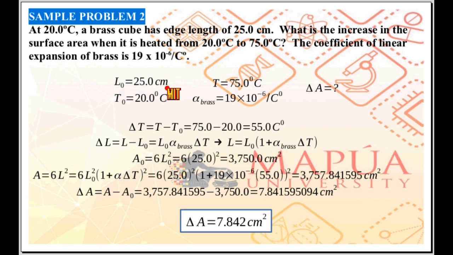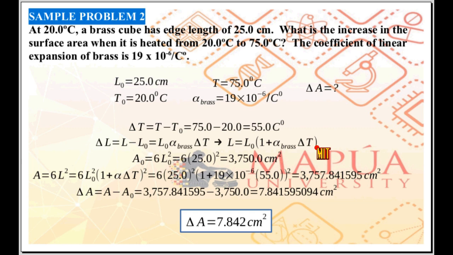Total surface area is 6 times the area on one side, so A naught, the initial surface area, is 6 L naught squared. We know L naught is 25 centimeters, so we are able to calculate the initial surface area: 3,750.0 centimeter squared.